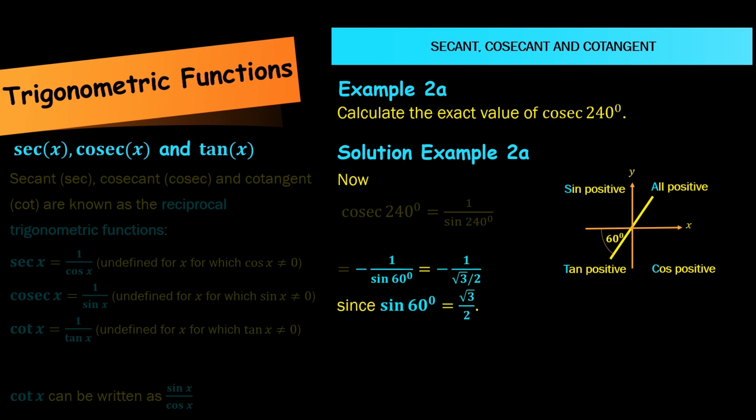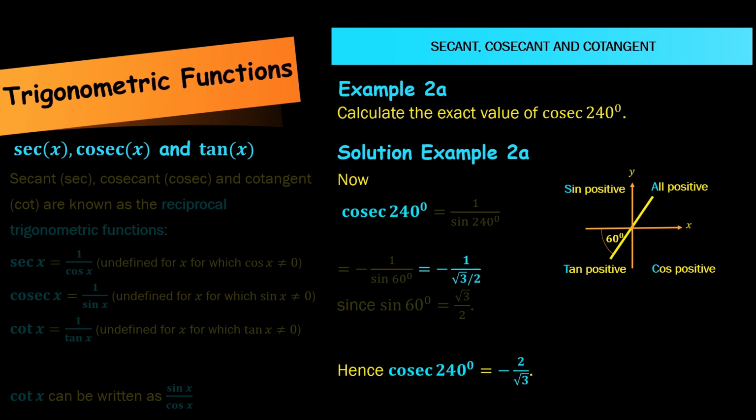And therefore, since sine 60 degrees equals root 3 over 2, we have that minus 1 over sine 60 degrees equals minus 1 over root 3 over 2. So therefore, cosec 240 degrees equals minus 2 over root 3.